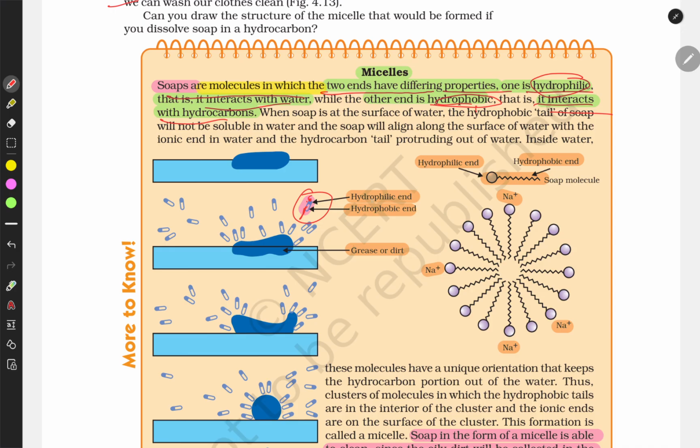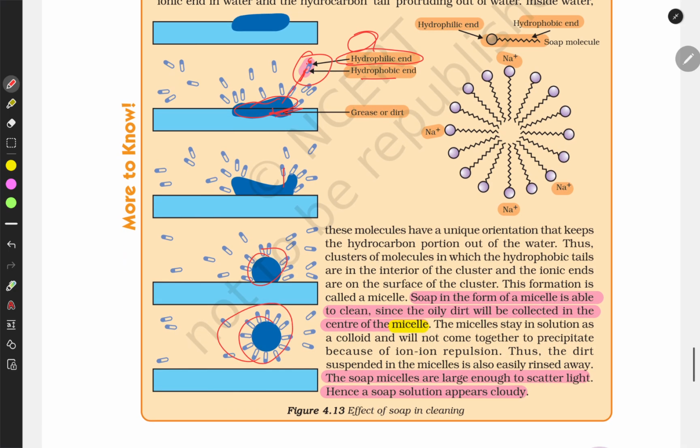So it is hydrophilic, it loves water, and the hydrophobic end attaches with the oil. So it attaches this way. This structure is called a micelle. Soap is formed as a micelle.